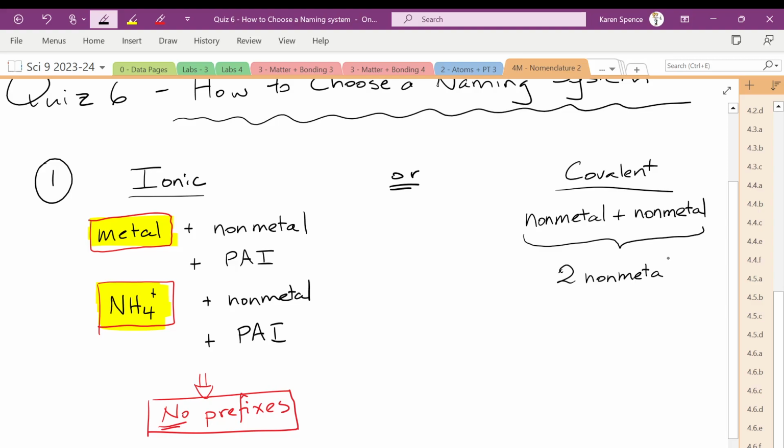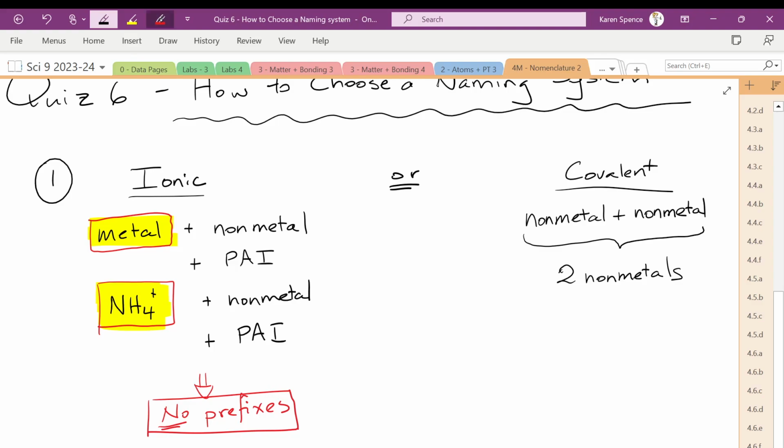If you have 3 non-metals, it probably means that NH4 ammonium is involved. Like you might have NH4I, non-metal, non-metal, non-metal. But NH4 is part of the ionic compounds because it's a polyatomic ion. So if you have only 2 nonmetals, it is covalent.